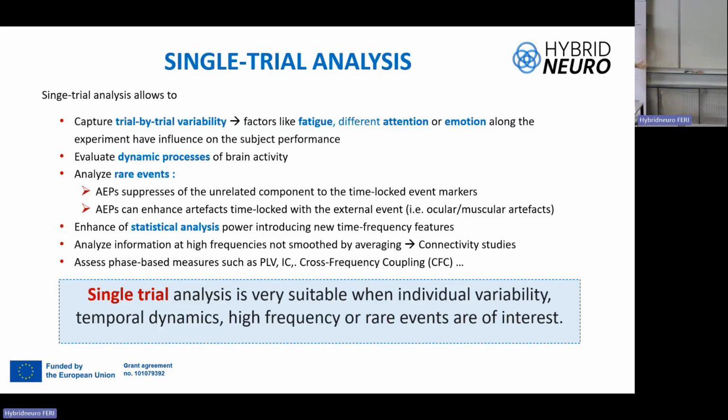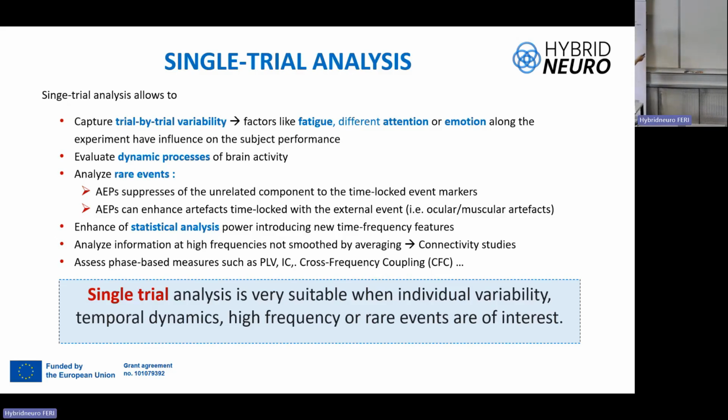With single trial analysis, the number of trials is not so relevant, which is an important issue, as I mentioned before. And also, we can observe other activities not related directly to the stimulus, which are removed when you average. So if you don't average, this is maintained in the signals.